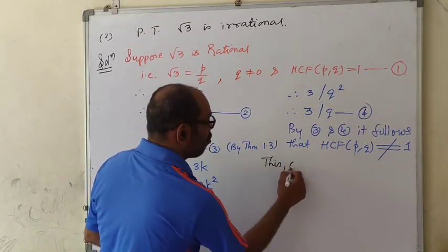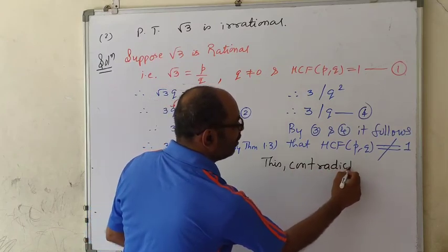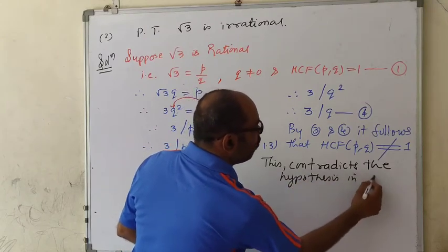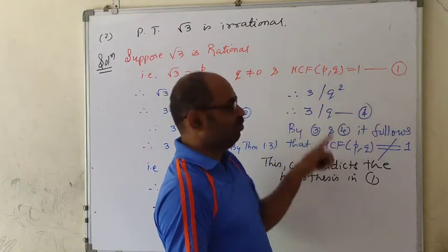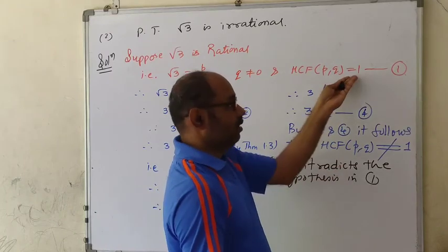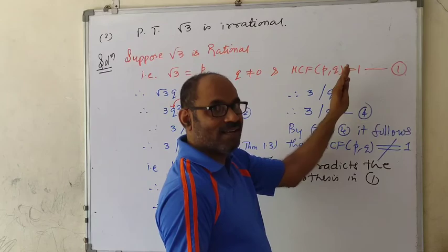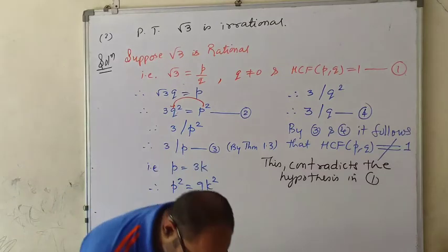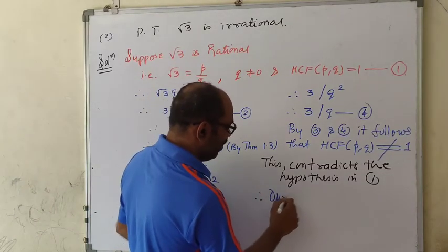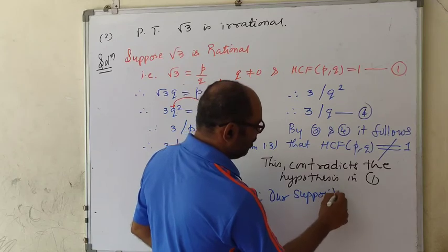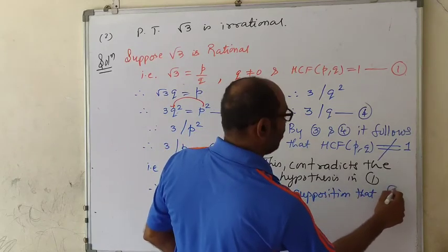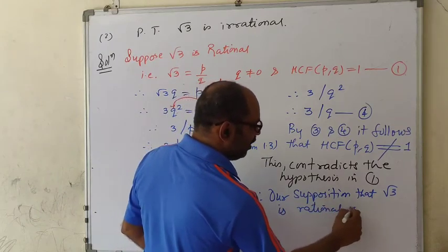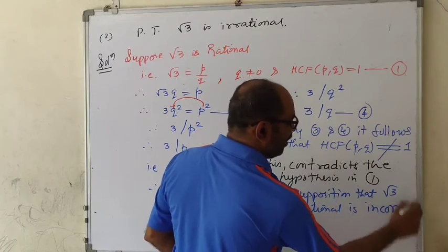This contradicts the hypothesis in 1. What is true in 1 is the opposite of this. That truth stays, so this is wrong because we made a wrong supposition. Therefore our supposition that root 3 is rational is incorrect.